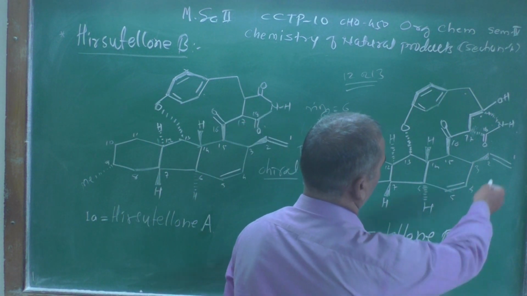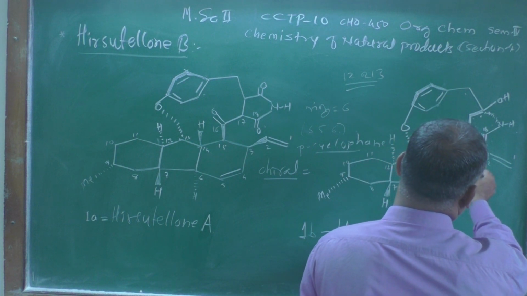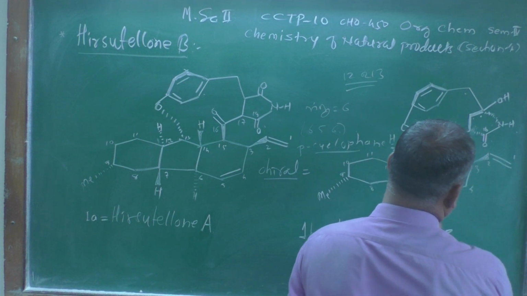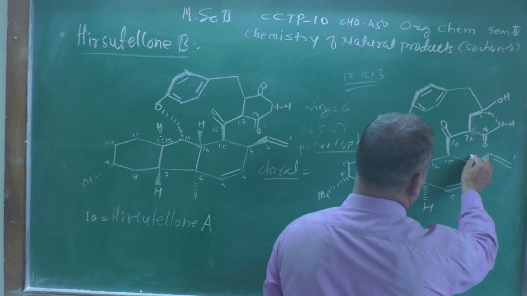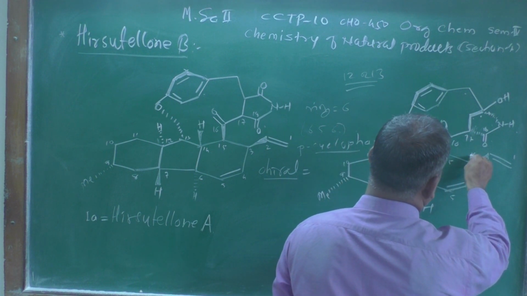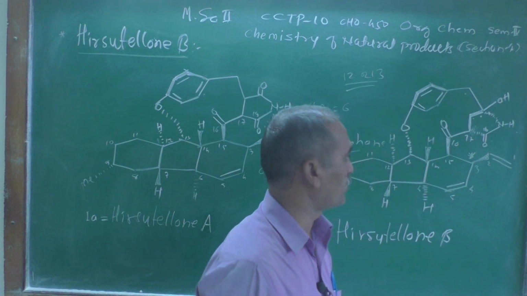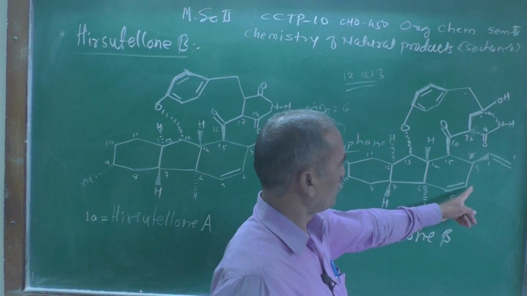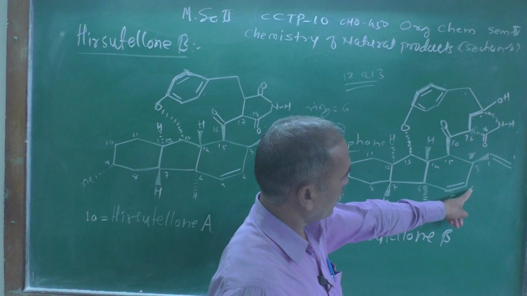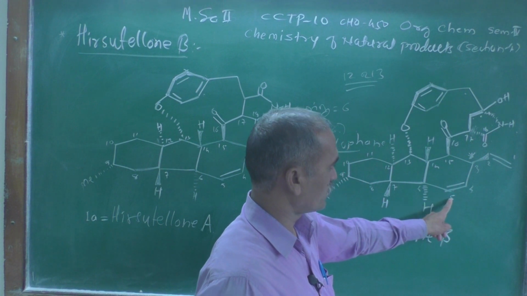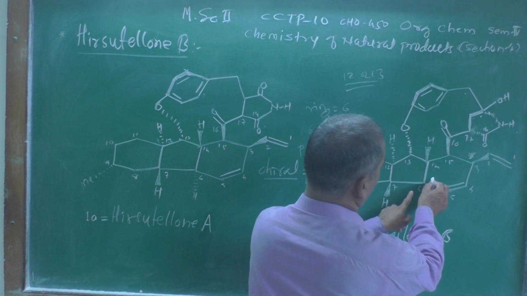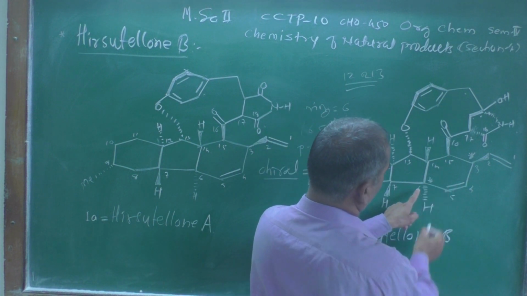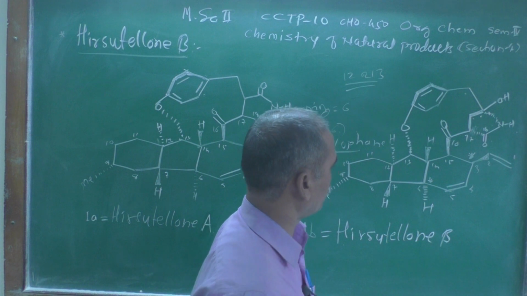Now, if you start from this side, carbon number 1, carbon number 2, there is no chiral center, but carbon number 3 has a chiral center, I am labeling this 1 chiral center. Going forward, at 4, 5 no chiral center, but at 6 there will be a chiral center because this carbon has 4 different groups.